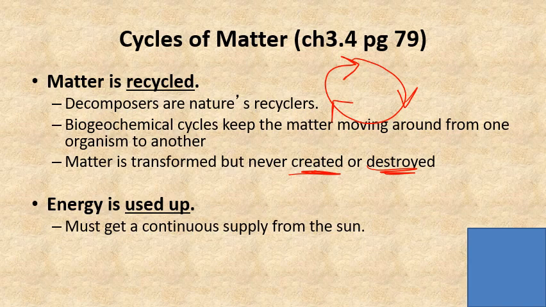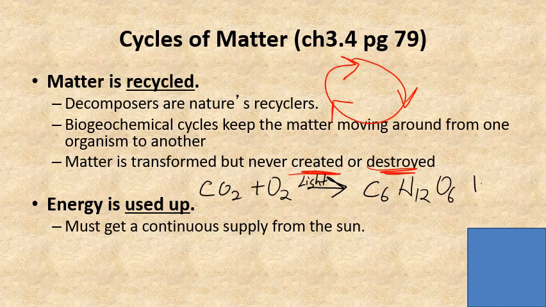And we see that again with the photosynthesis equation, where you are taking CO2 and water and then using that light to rearrange those molecules into a sugar, glucose, C6H12O6, and oxygen. So we have not created or destroyed any of the carbons, hydrogens, or oxygens, but what we have done is rearrange them, transform them.